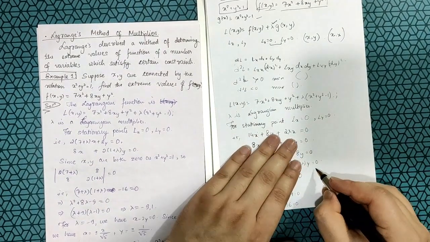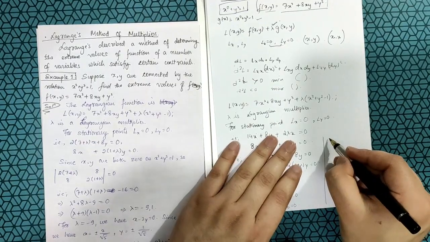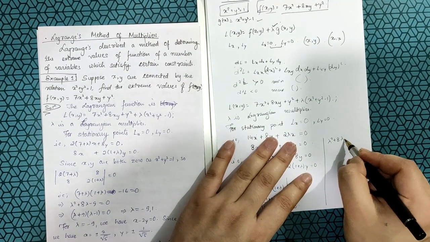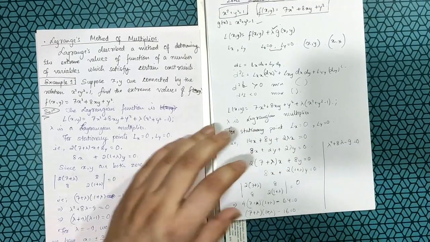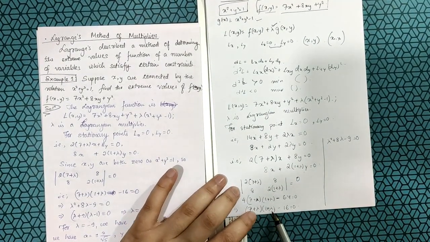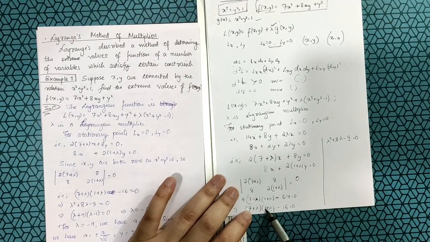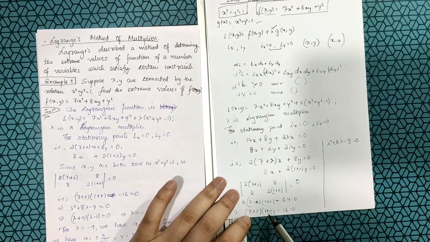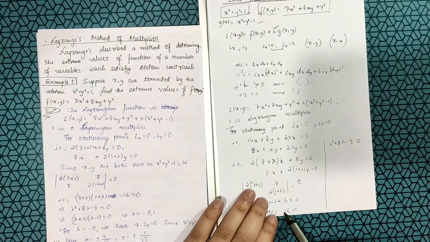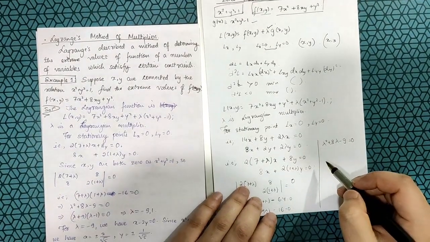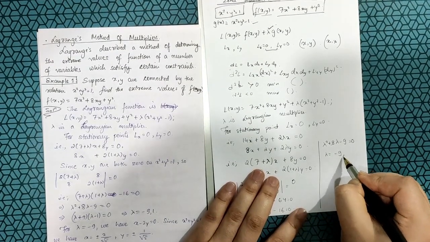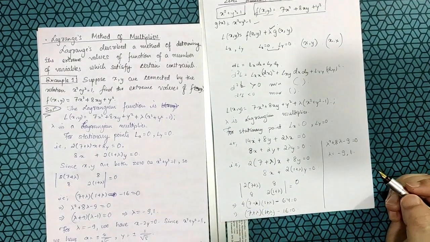Simplifying further, we get lambda square plus 8 lambda minus 9 is equal to 0. Multiplying out, lambda square, 1 lambda plus 7 lambda is 8 lambda, and 1 times 7 minus 16 is minus 9. So simplifying, we get lambda is equal to minus 9 and 1 as the values.